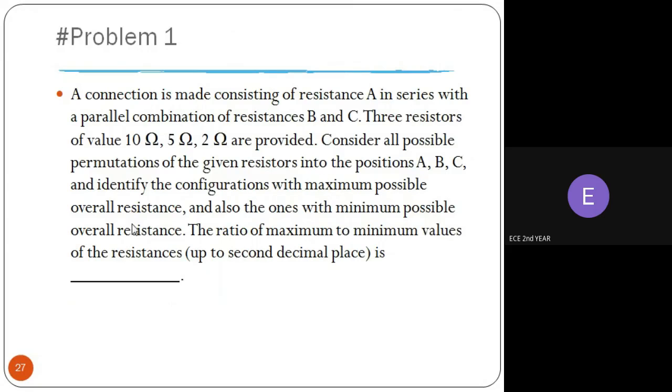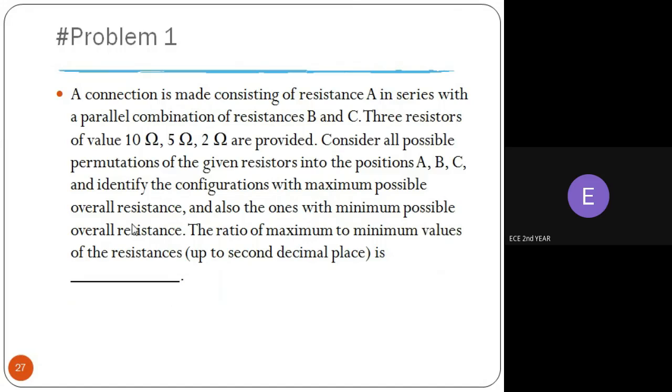So here we'll get into some problems. A connection is made consisting of resistance A in series with a parallel combination of resistances B and C. Three resistances of values 10 ohms, 5 ohms and 2 ohms are provided.